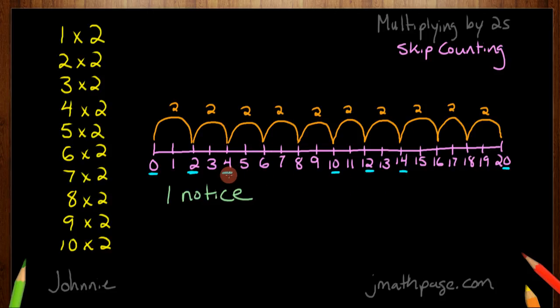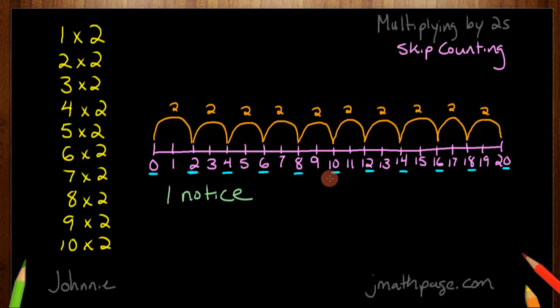If I continue looking for a pattern, I see that I end here with 6, and I see that there's a 6 here as well. So 6 is one of the digits that matters in multiples of 2. 6 over here and 6 there. And then 8 is a place I end up, and I also find myself at 8 over here.